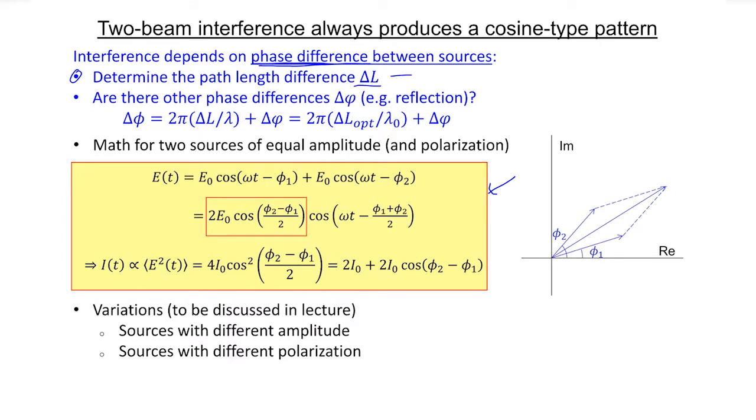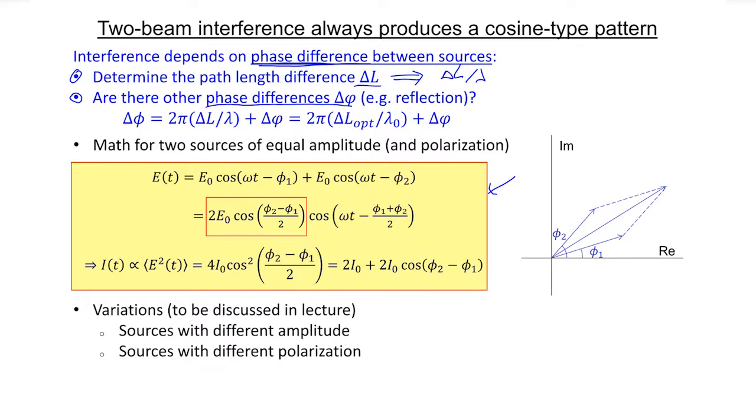From that path length difference, you compare that with the wavelength of light to see how much the waves are shifted with respect to each other. And as a second point, you might have to consider additional phase differences, delta phi, that you, for instance, get if you get a reflection from a top and bottom interface, which are out of phase.